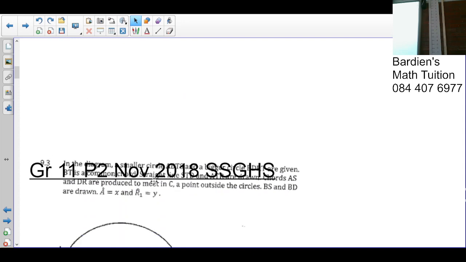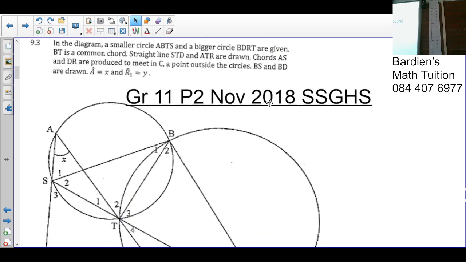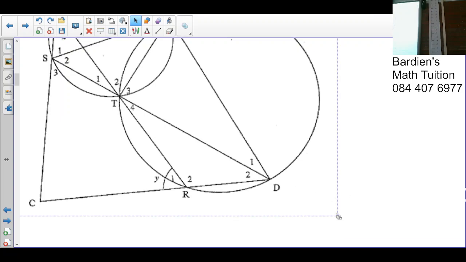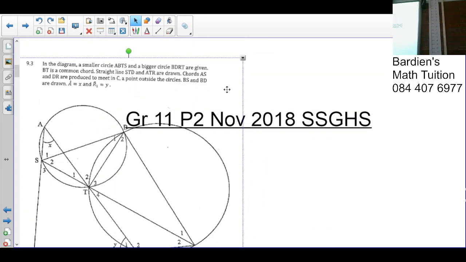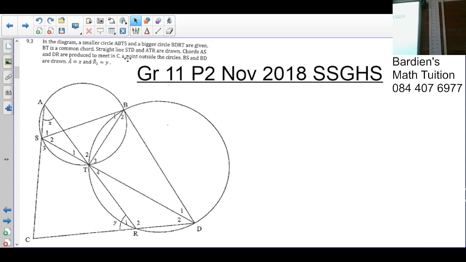The next question we are told in 9.3. In the diagram, 2 circles. The diagram, a small circle ABTS, and bigger circle BDRT are given. BT is a common chord, which means you say it's a chord in both circles. Straight line STD, yes, and ATR are drawn.